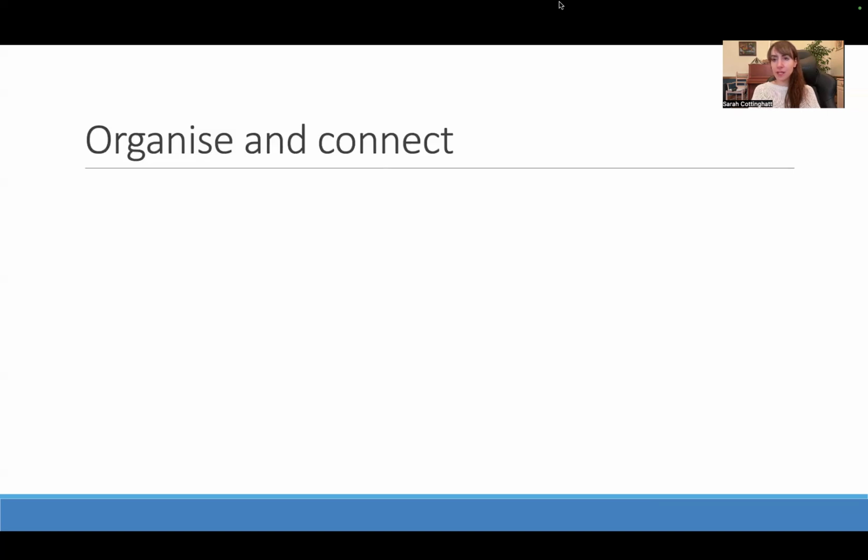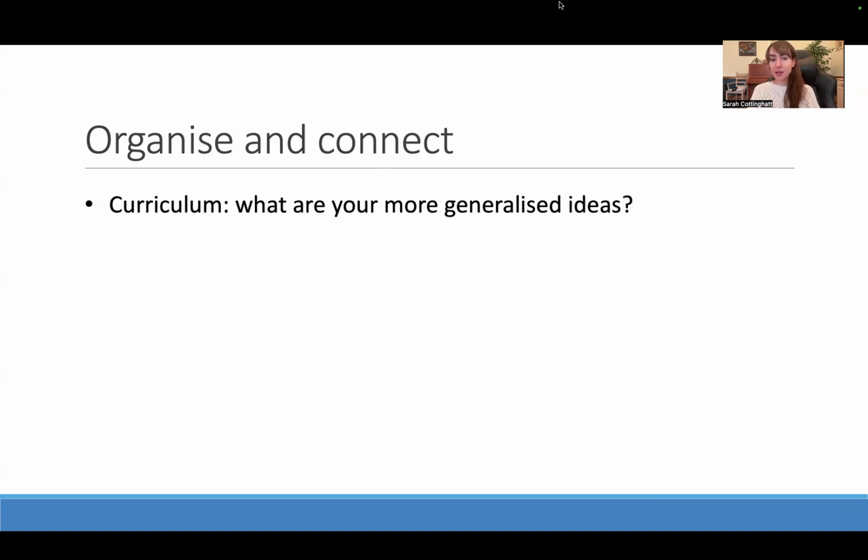So we've got this idea that to support students to remember, existing knowledge needs to be organised and connected. We can think about this at a curriculum level. We talked about this. What are your more generalised concepts and ideas, like tactics, like for me in this presentation, existing knowledge, that link to more specific ideas in a hierarchy?